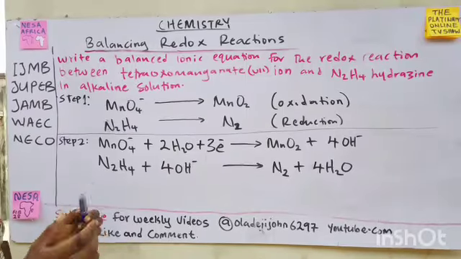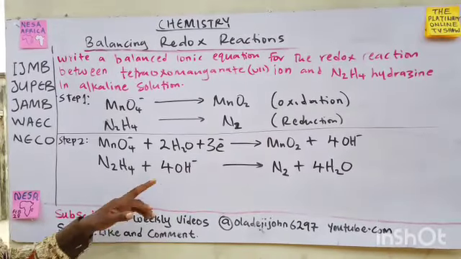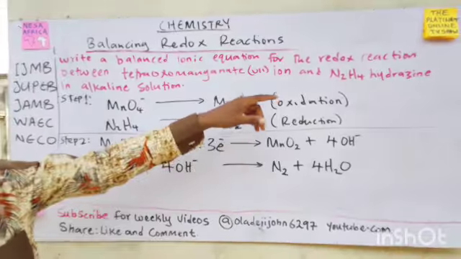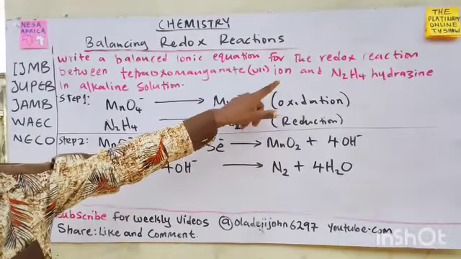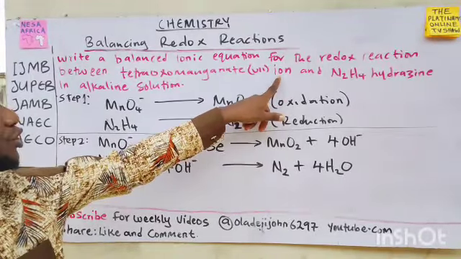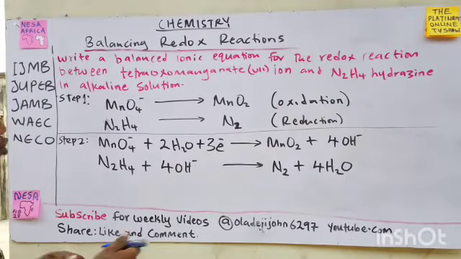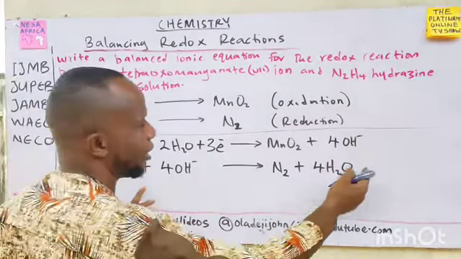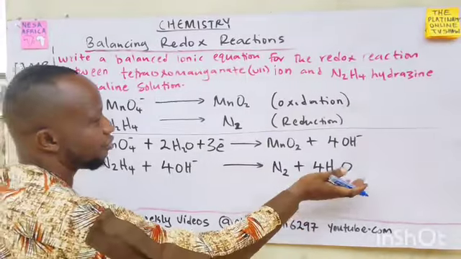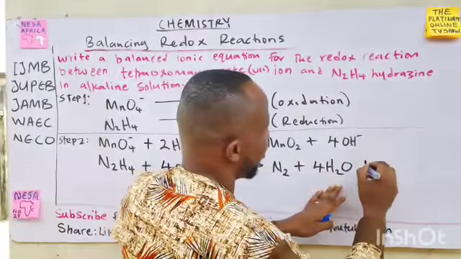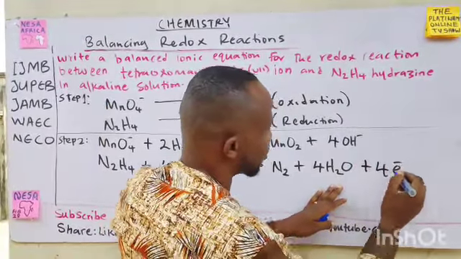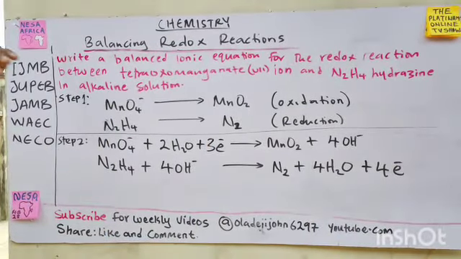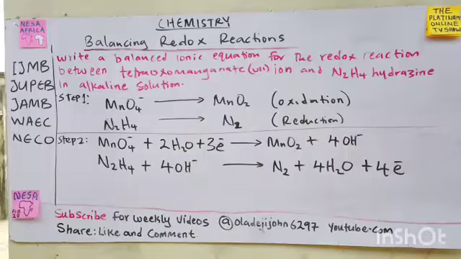Now balancing the charge. You always remember that is the essence of this redox reaction: the ionic equation has to be balanced. So we have 4 negative charges here, while nothing is here, so we have 4 deficiencies here. We are adding 4 electrons here, and that gives us the balanced two half-equations.